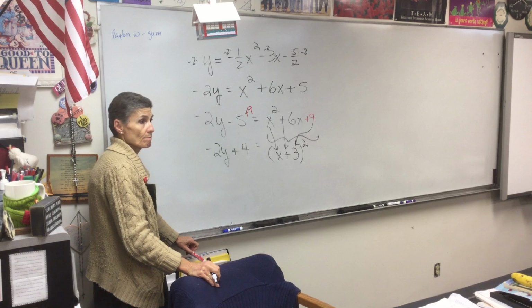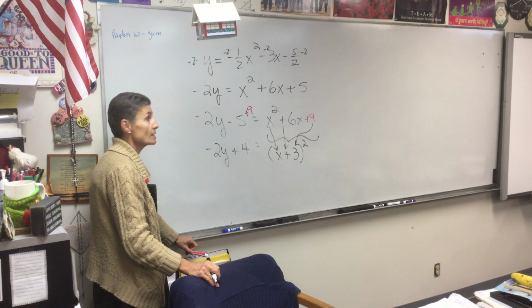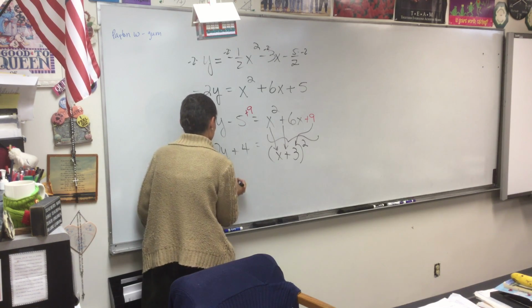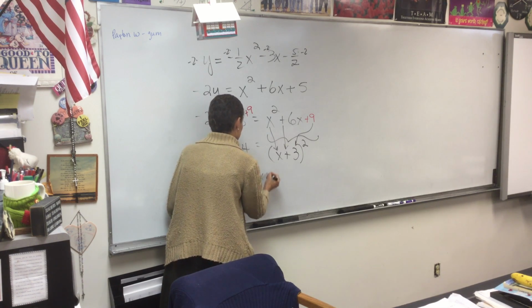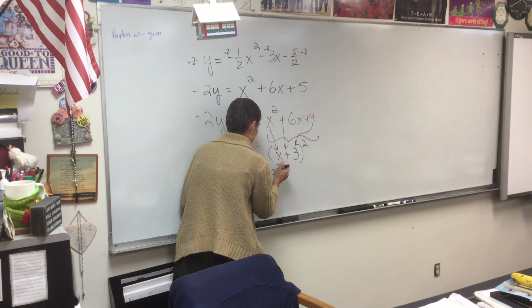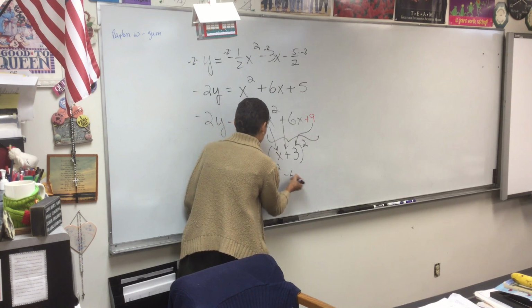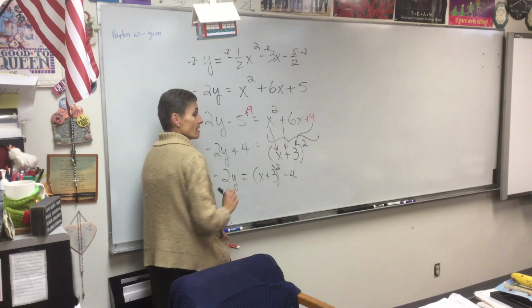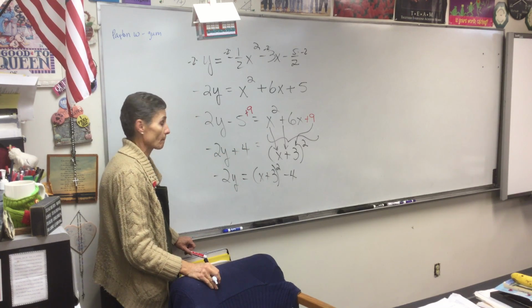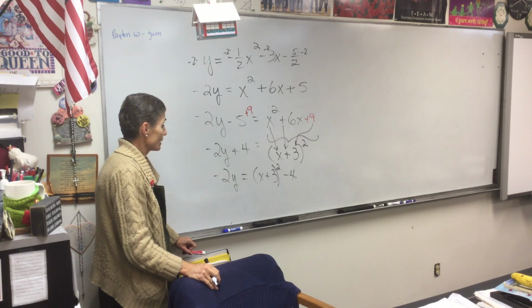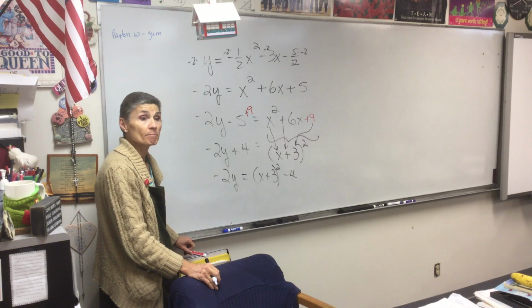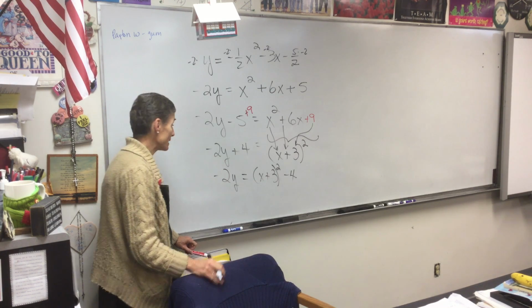Now what? Subtract the 4. Subtract the 4. -5 plus 9. And then last step, divide by -2.